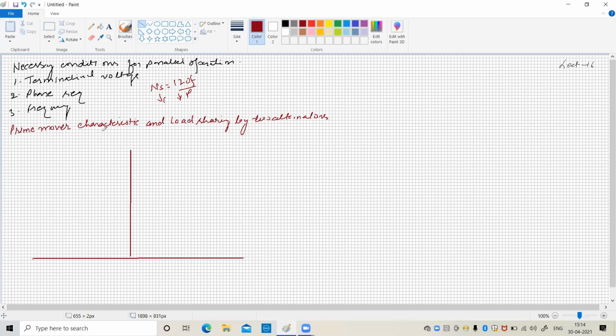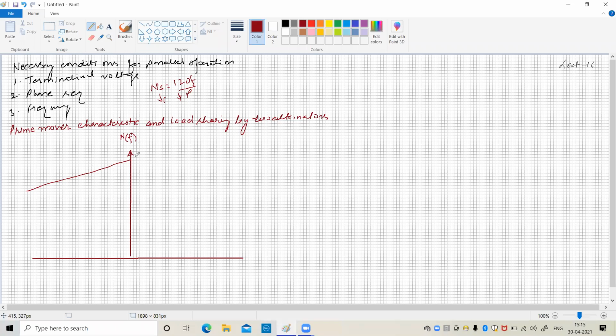Say this is the load on this axis, in megawatt or kilowatt, and this is the frequency or speed. It may be represented by speed of prime mover, or by the frequency. So this is the frequency drop from no load to full load.